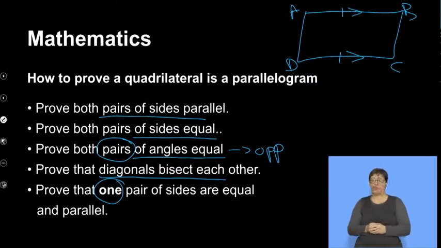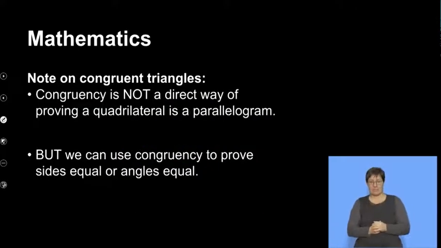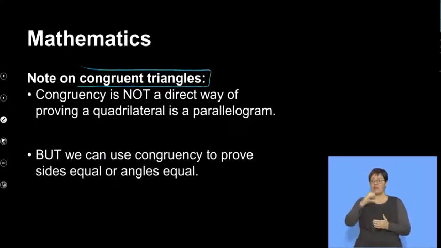And then your second point is AB equals CD. That does not mean anything, because there are a lot of shapes that have that particular property. Also, remember that whenever we talk about congruent triangles, this is not a direct way of proving a quadrilateral to be a parallelogram.